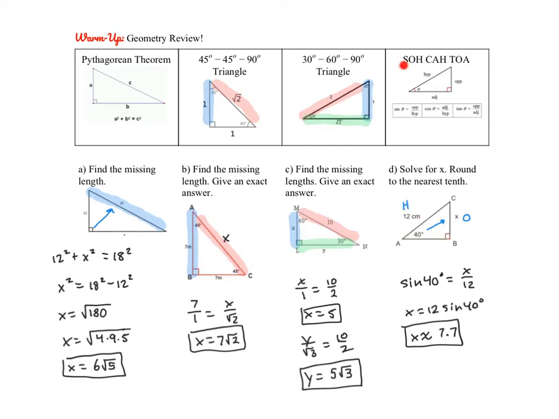So sine is opposite over hypotenuse. The sine of 40 degrees is x over 12, and then we solve for x, and here's our decimal approximation. We'll be using all of these things throughout our trigonometry unit, so if you need a little extra review, go back and review some of these concepts from geometry.